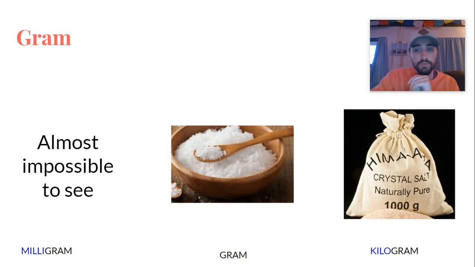A milligram is 1,000th. It's almost impossible to see a milligram of salt. It's one tiny little itty bitty piece, maybe, of salt. It's extremely small. All right, so I hope we have an idea of how we use these prefixes, kilo, 1,000, or milli, 1,000th, to show the difference between the unit, big things, and small things.